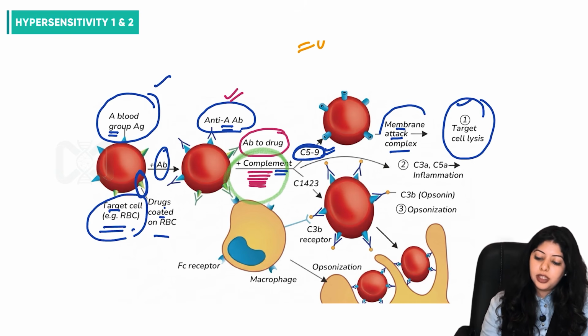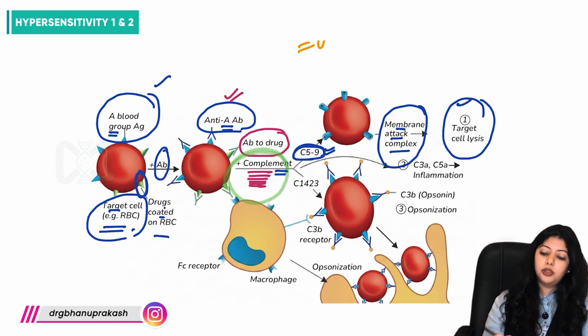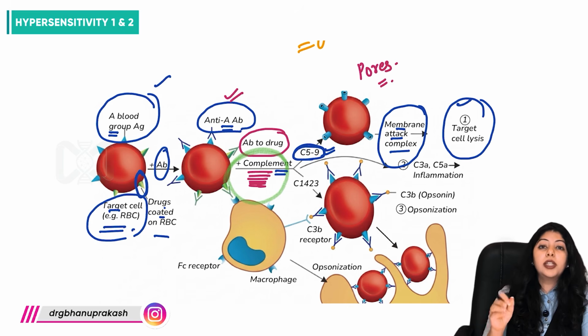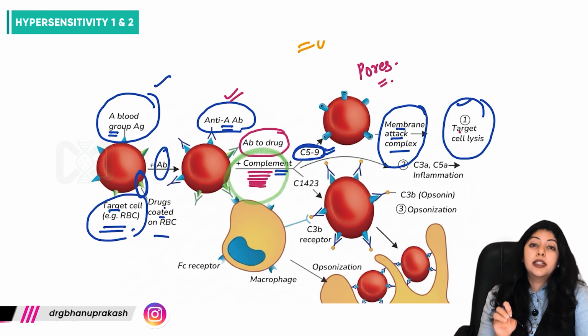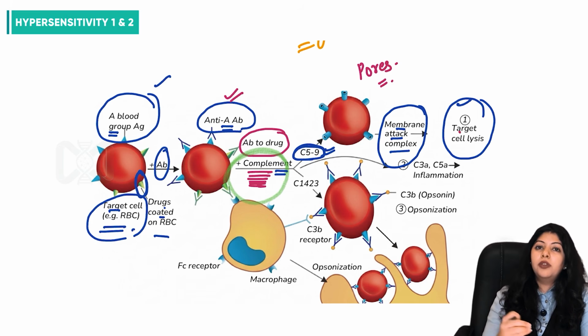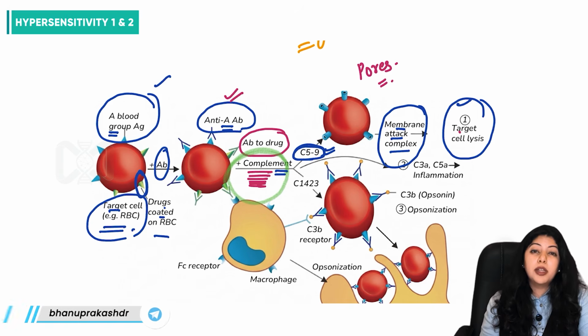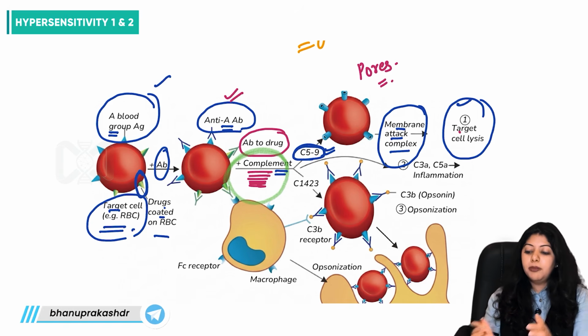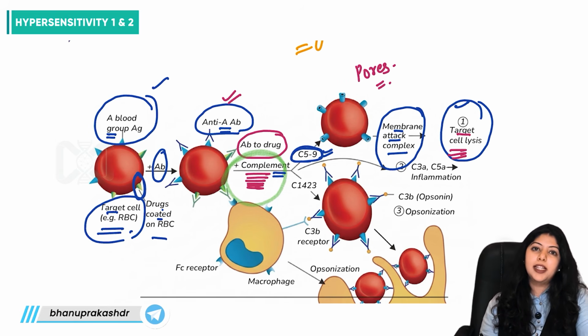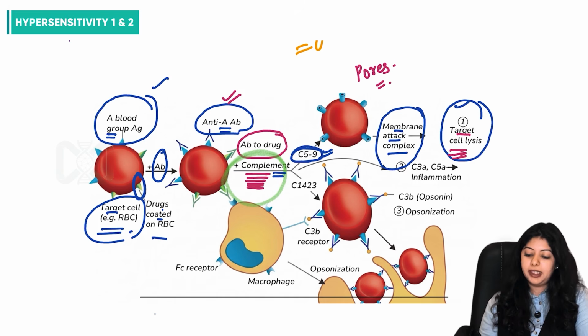What do these membrane attack complexes do? These form pores in the antigenic surface, right? Because of the development of pores, exchange of certain chemicals and mediators takes place, which ultimately leads to the lysis of the target cell, one mechanism which we've already discussed.